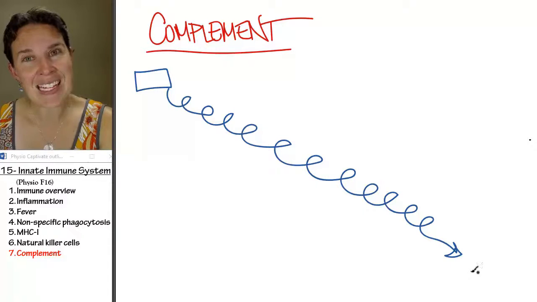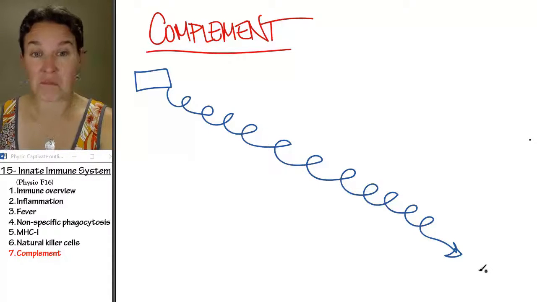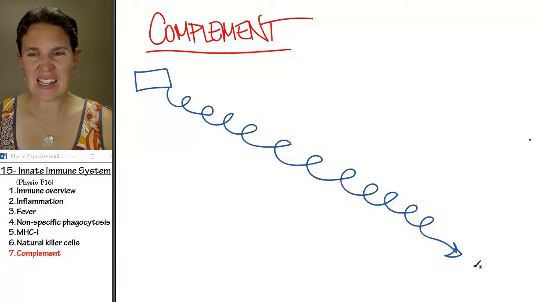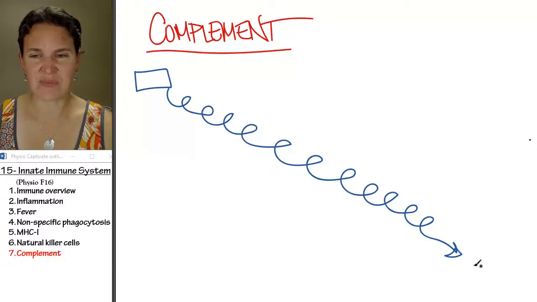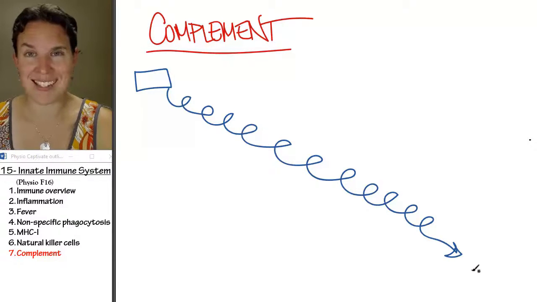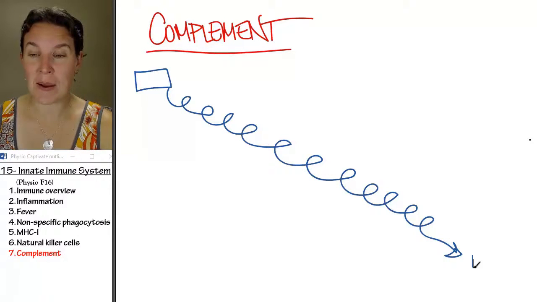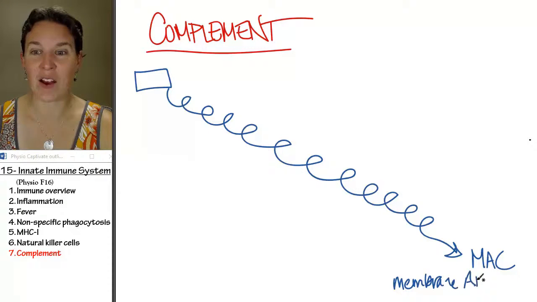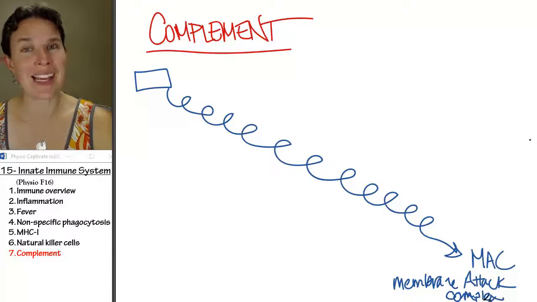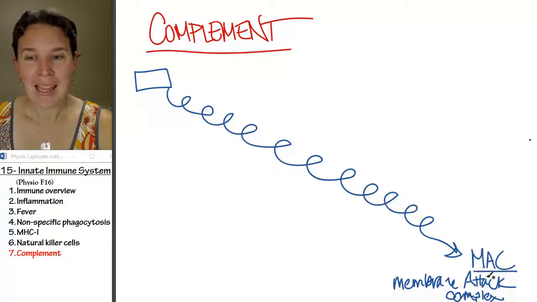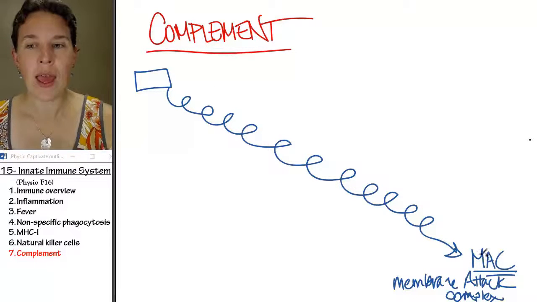And the end result of the complement cascade is something called MAC, which is a membrane attack complex. That says complex because that's what the MAC attack is about. MAC, dude, this is so cool.